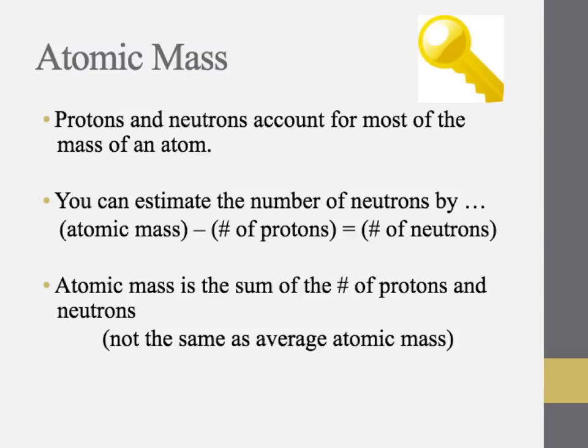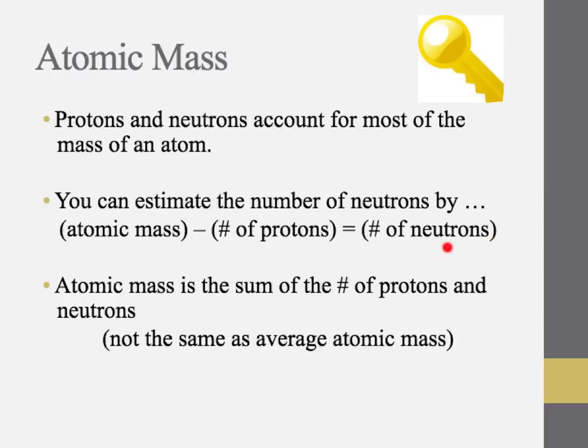The other piece of information that's really important is the atomic mass. The majority of the mass of an atom comes from its nucleus and what is found in the nucleus. That would include our protons and our neutrons. Those account for most of the mass of an atom. Therefore, if we know the atomic mass, the total mass, and we take away the number of protons, or the mass of our protons, same idea, we can figure out the number of neutrons.